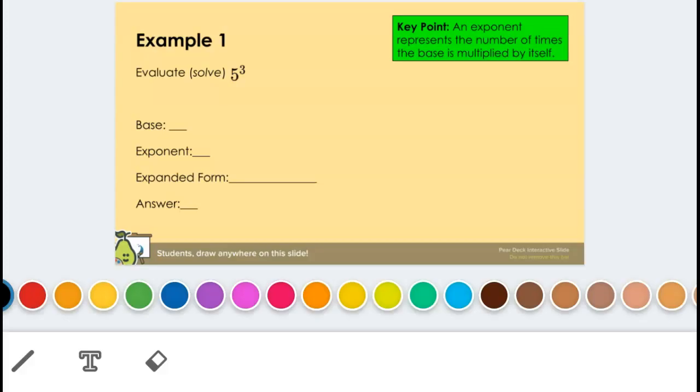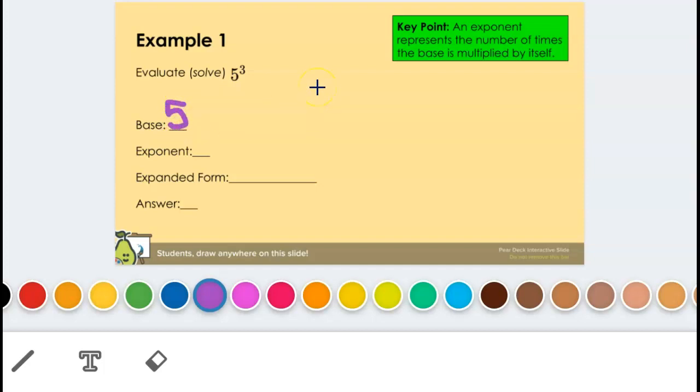Now we're going to do an example, and you're going to do a few of these on your own as well. But just so we get this idea solid in our mind, what is the base and what is the exponent? So if I look, we have an example of 5 to the third power. Here I know that the base is the number that's sitting low on the line. So my base is a 5.